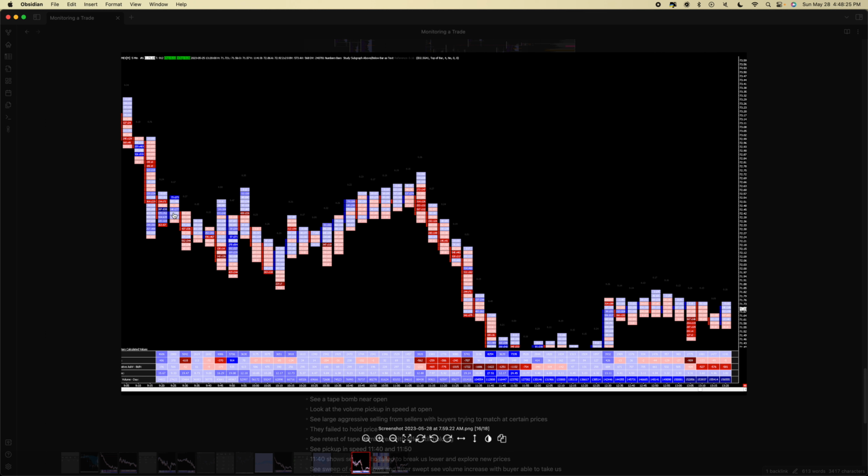Have an inside candle with another inside candle with a break below, inside candle, small break below, pullback over here on an increase in volume with a negative delta, and then we break the previous low with an increase in delta and an increase in volume, but can't even penetrate the previous candle's high.